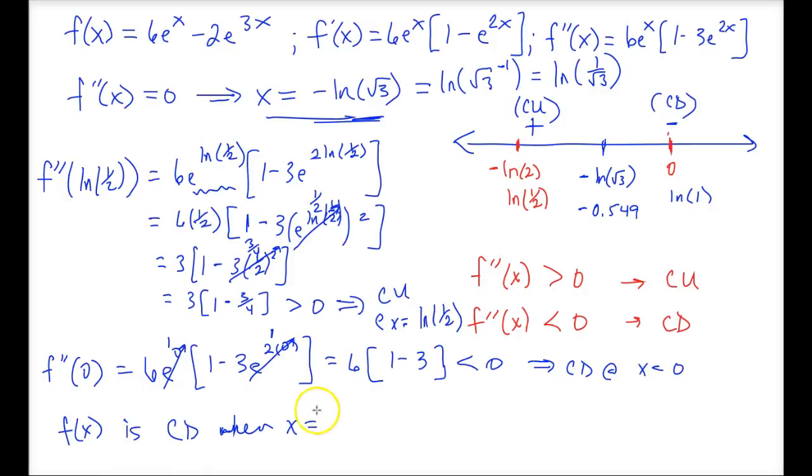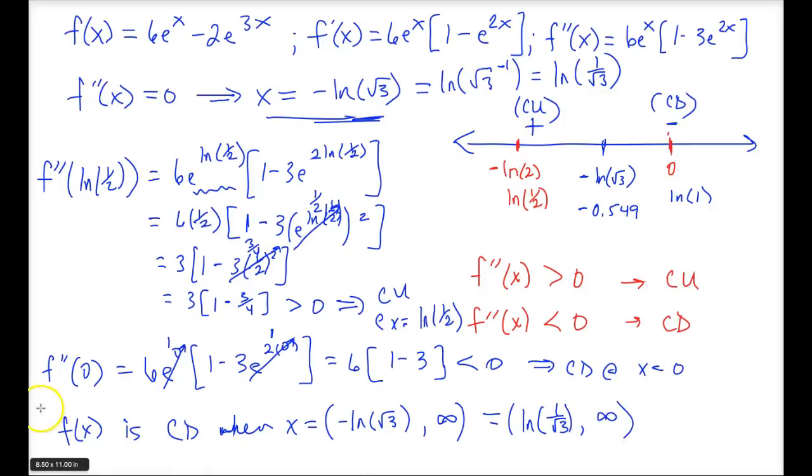So this will be for values of x from negative natural log of square root of 3 on to infinity. And of course, you could also write that this way as well. That would be perfectly fine. So this is the answer to our first question here.